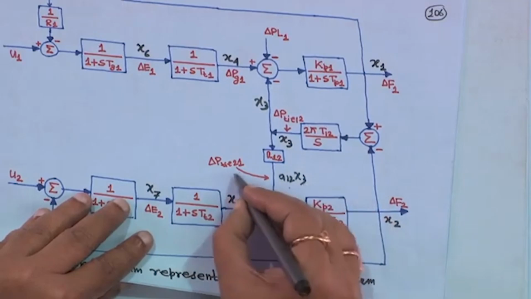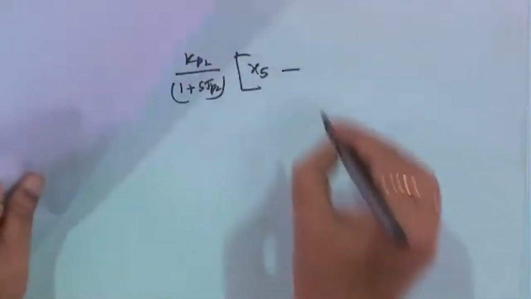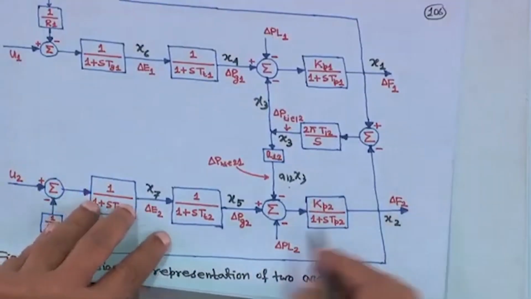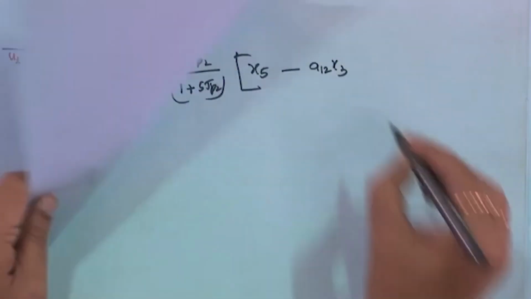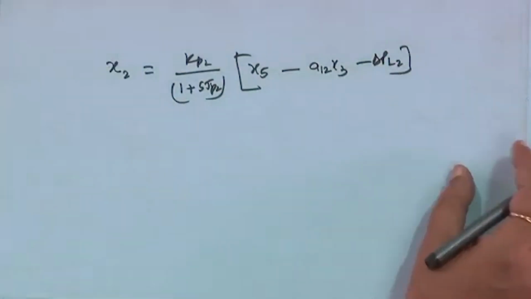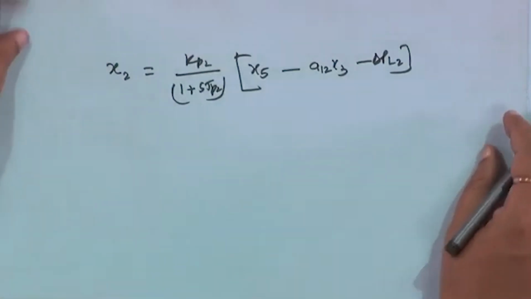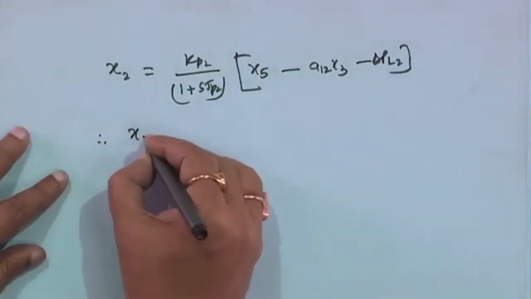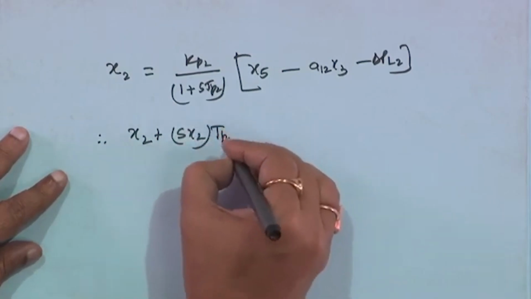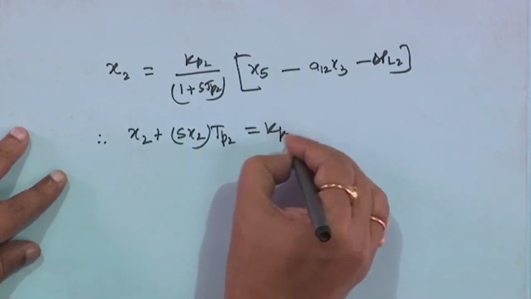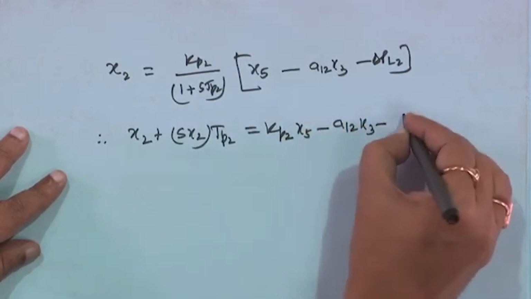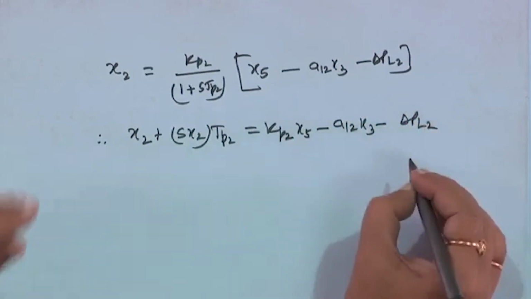So minus a12 into x3, then the disturbance is there, minus delta PL2. Now, if you go for cross multiplication, it is x2 plus s x2 Tp2 is equal to Kp2 x5 minus a12 x3 minus delta PL2.